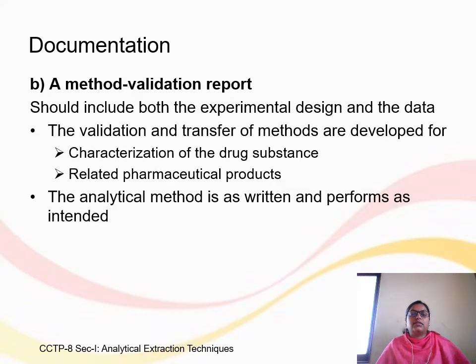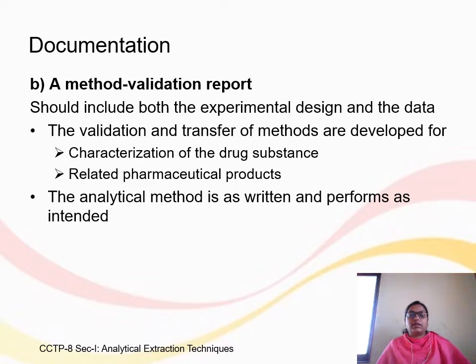Then the second point in that documentation, a method validation report should include both the experimental design and the data. The validation and transfer of methods are developed for characterization of the drug substance and related pharmaceutical products.